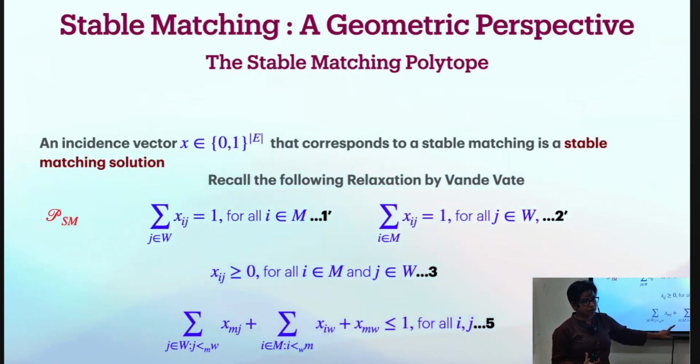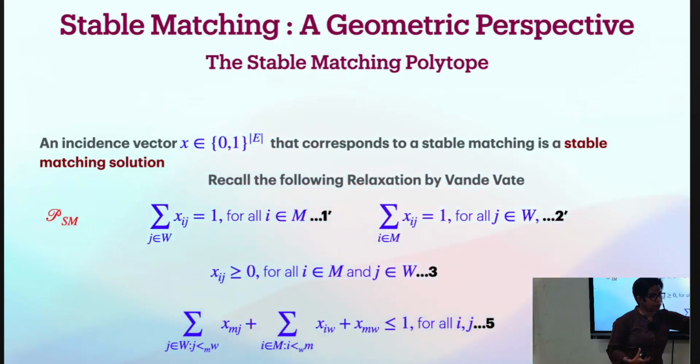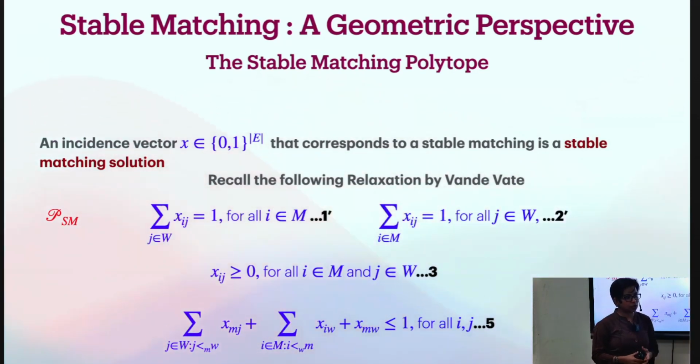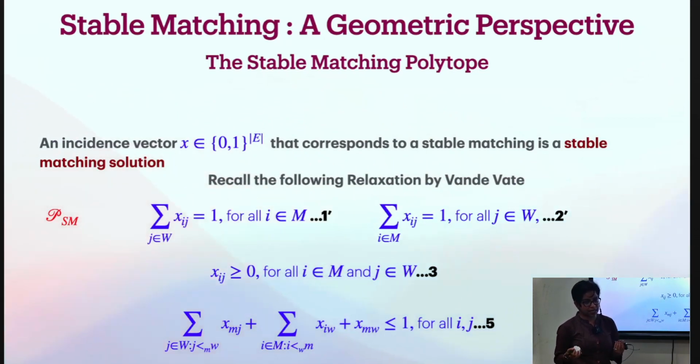This blocking pair constraint, which I am calling number 5, is different from the blocking pair condition I stated before. That was greater than or equal to 1, but I claim that is equivalent to this constraint. Okay. Can you tell me why?